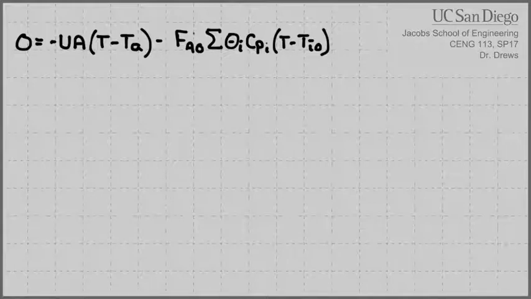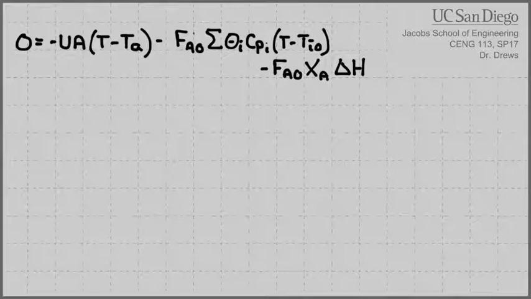And then we had our reaction term, which I'm going to put underneath here, minus FA naught times XA times delta H. And we had two different ways to write that FA naught XA delta H term, depending on how you want to represent FA naught XA.